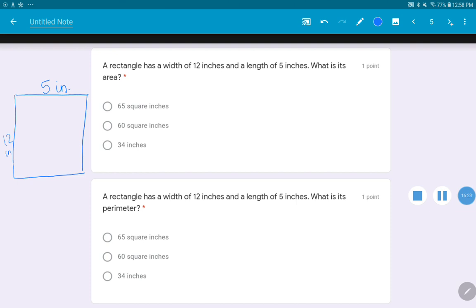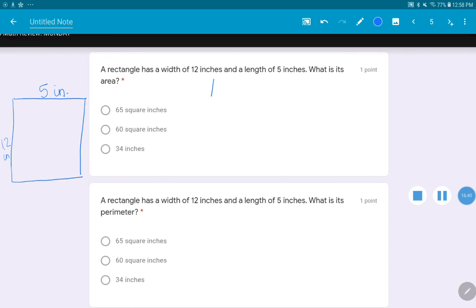Yes. So how are we going to do that, Jaden? I think I might have separate, so I can do 5 plus 5. That's perimeter. Okay. So that's 12 times 5. To find area, we multiply the length times the width. Length times width equals the area.